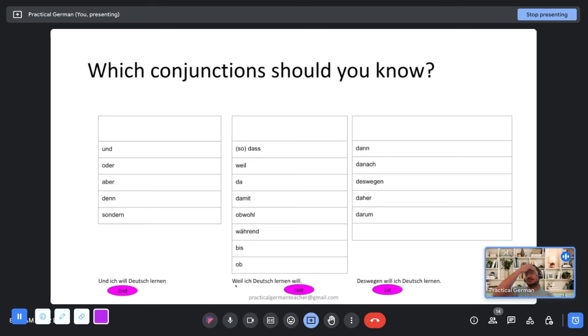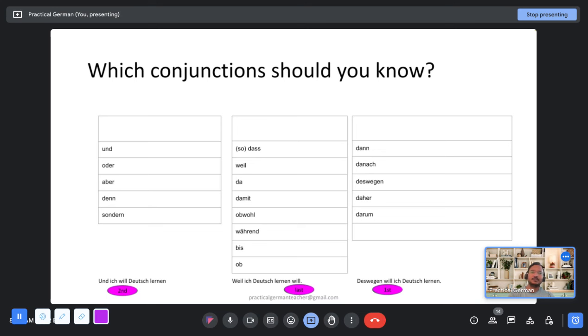If you say "weil ich will Deutsch lernen", is it a big deal? No, people will know what you're trying to say, but on paper, on the exam, they will cut your marks. They may give you 0 marks if you say "weil ich will Deutsch lernen" instead of "weil ich Deutsch lernen will". This is important. This is A1 level stuff when I ask you to frame a sentence using a conjunction. Any questions?